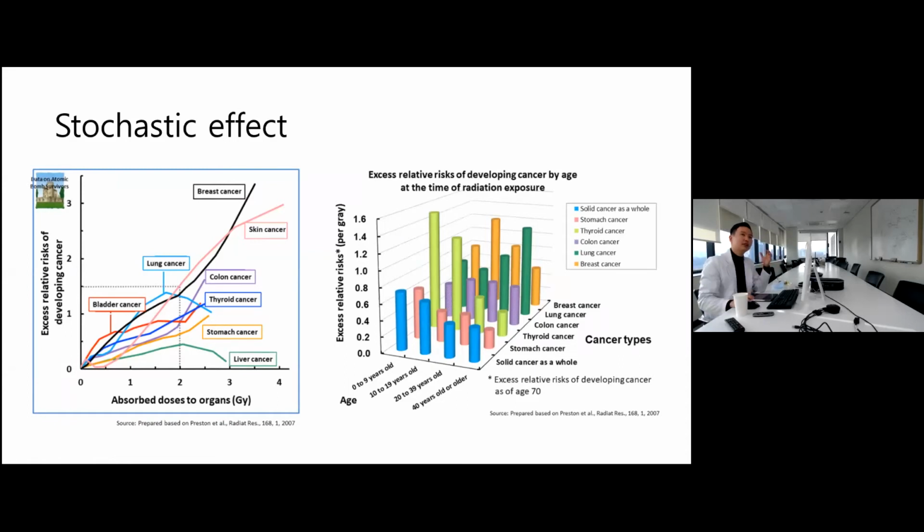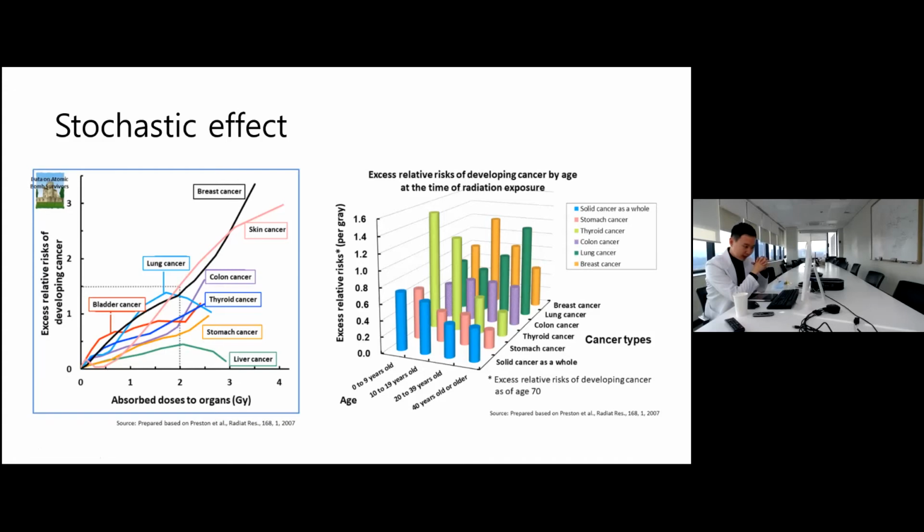The horizontal axis indicates the absorbed dose to organs through a single high dose exposure, and it is data from the atomic bomb survivors. The vertical axis indicates the excess relative risk. You can see that at an absorbed dose of 2 gray, the excess relative risk for skin cancer is 1.5 times compared with the non-exposed group.